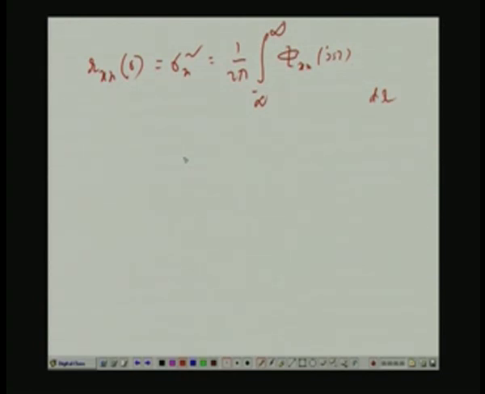This is very important. What will be the unit? The unit of power is watt, and omega is radian per second here. So, what will be the unit? You work it out.